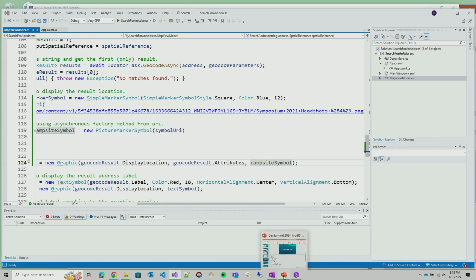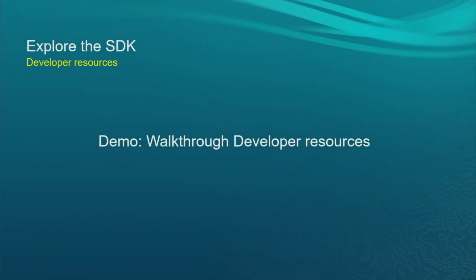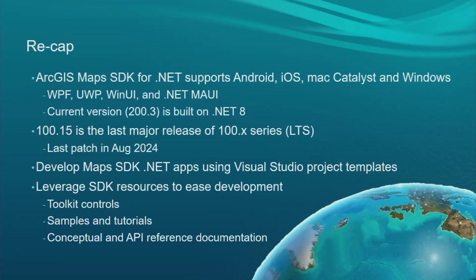Okay. So that was my whirlwind tour through some of the SDK resources. Hopefully you guys find something useful from that. I know it's probably a review for a lot of you guys. So just to recap what we've talked about here today. Preeti talked about Maps SDK for .NET, all the different platforms it supports, all the different platforms that you can target.